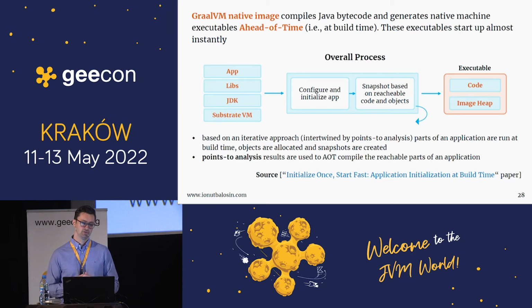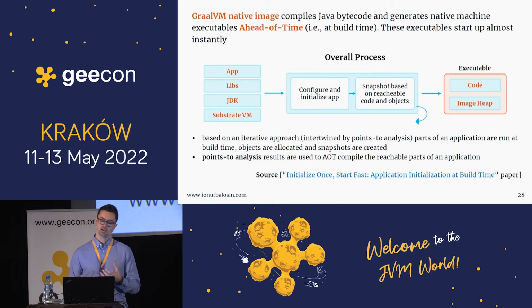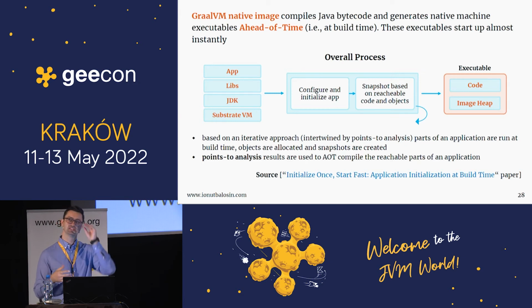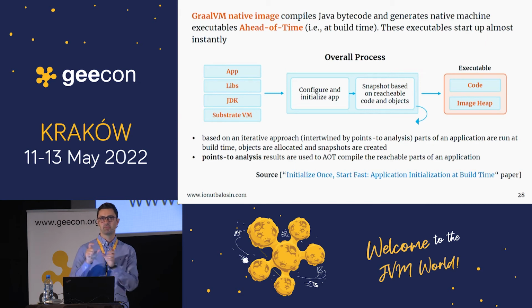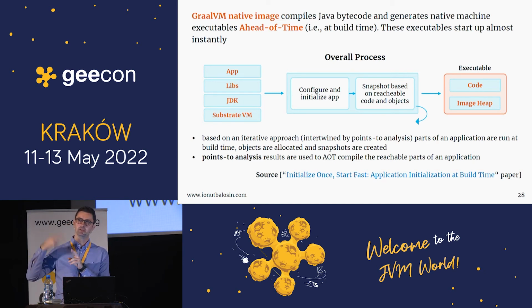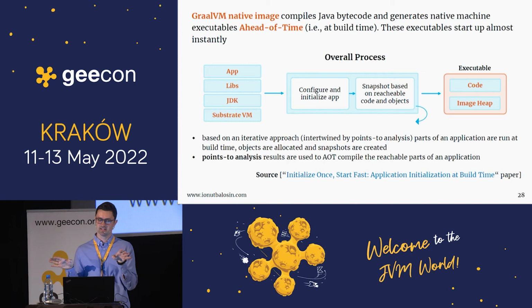Here, the option for using this is GraalVM native image. With GraalVM native image, you just take the bytecode, and this is the beauty of native image, because during the build process, there is a phase where the application is configured and initialized, and parts of it are run at build time until they reach a fixed point. This process repeats until all the paths are discovered.